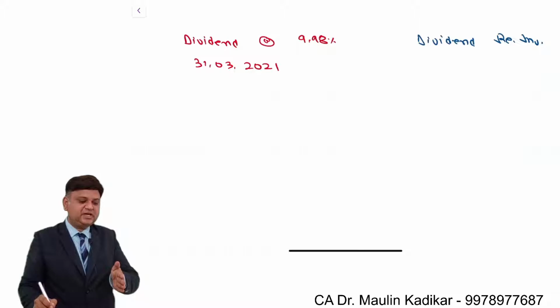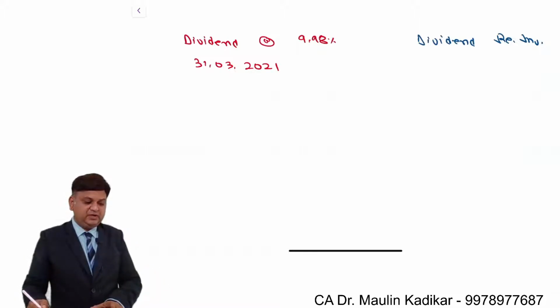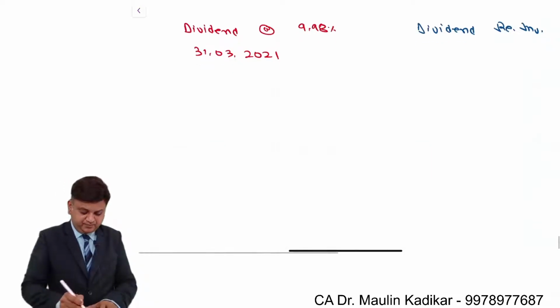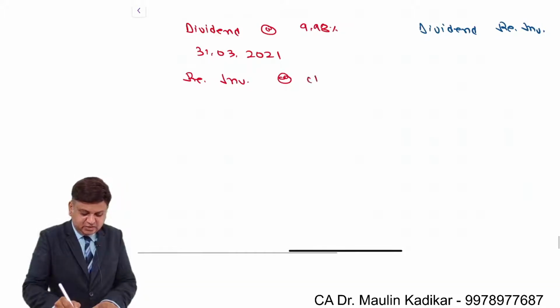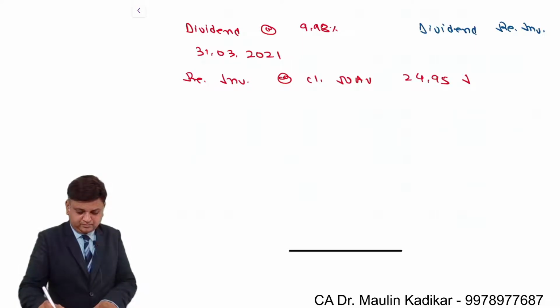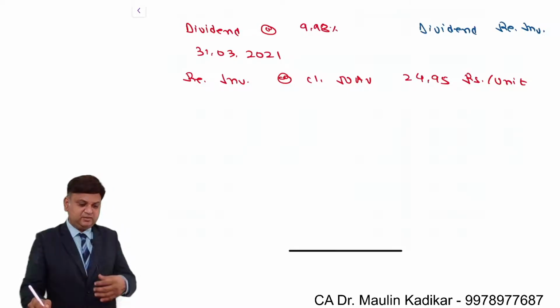The investors are issued additional units for the dividend at the closing NAV for the year as per the conditions of the scheme. So the reinvestment is at the rate of closing net asset value. The closing NAV is 24.95 rupees per unit as on 31st of March 2021.